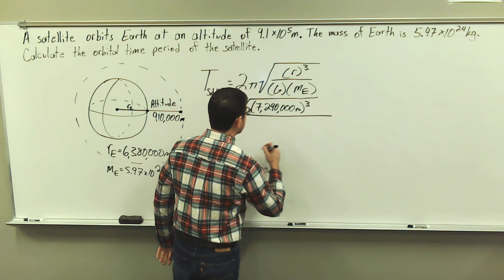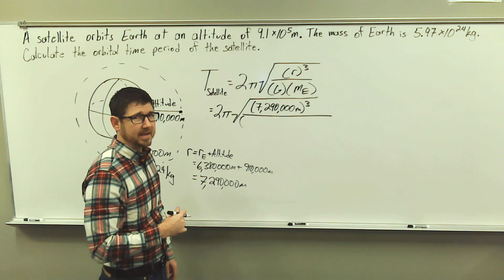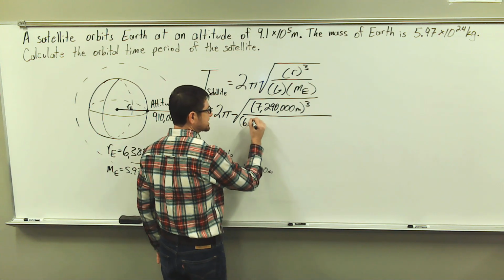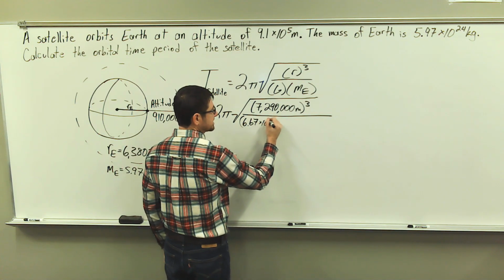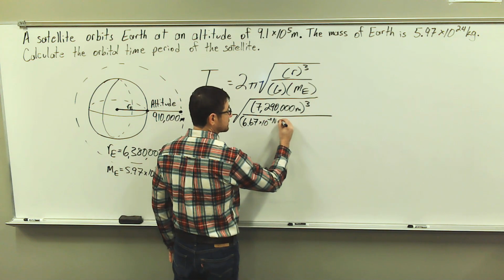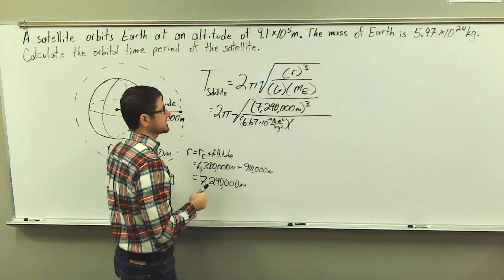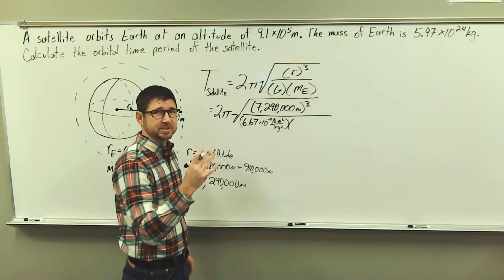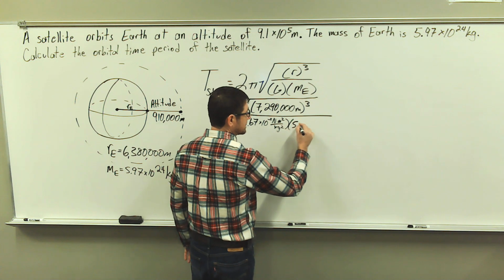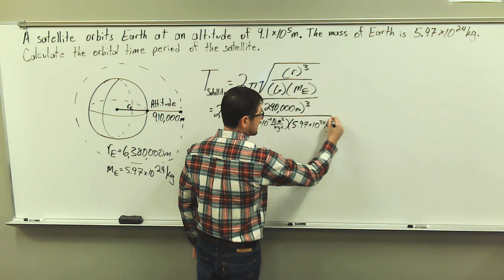We're going to divide this by the universal gravitational constant, which is identified by capital G. This is 6.67 times 10 to the negative 11th, and we have units of Newton meters squared per kilogram squared. We're going to multiply this by the mass of the Earth, which is 5.97 times 10 to the 24th kilograms.